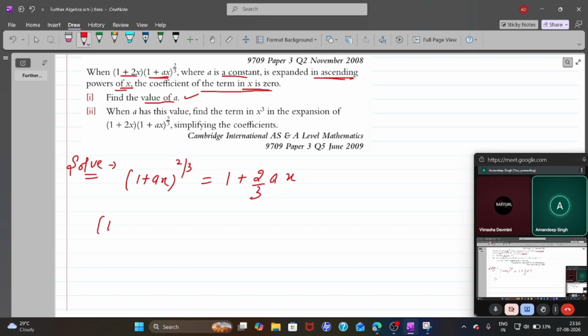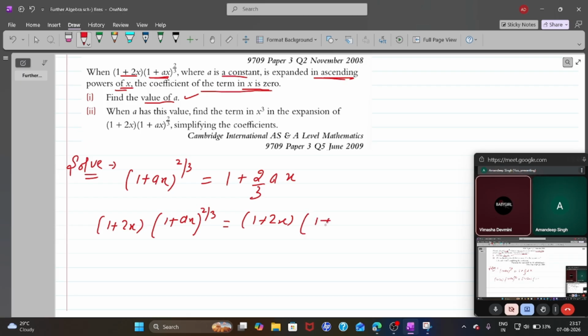Now we have to multiply 1 plus 2x. So if we multiply 1 plus 2x, we get 2x. And see, we need only x terms, right?